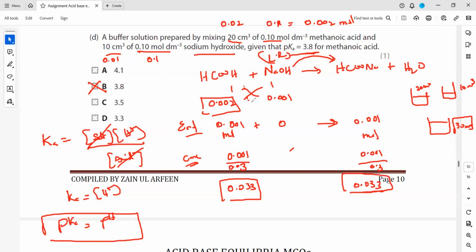So first we work out how many moles of acid will be left after the reaction. Then we work out how many moles of salt will be formed when the reaction ends. Because it is forming an equal number of moles, the final solution will have the same concentration, so the concentration of salt will cancel with the concentration of acid. So Ka will be equal to the hydrogen ion concentration, or pKa will be equal to pH.